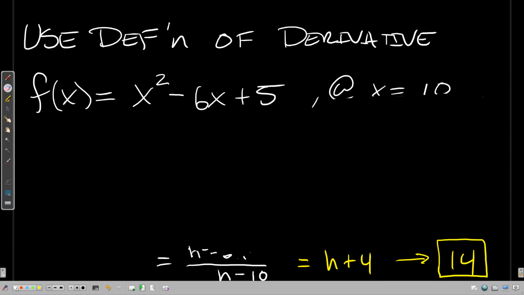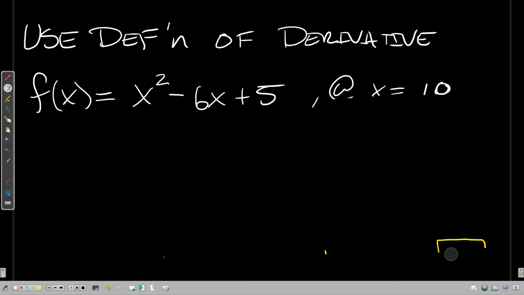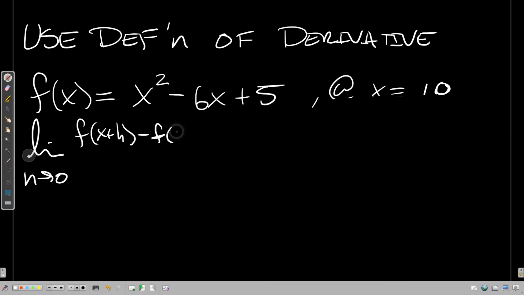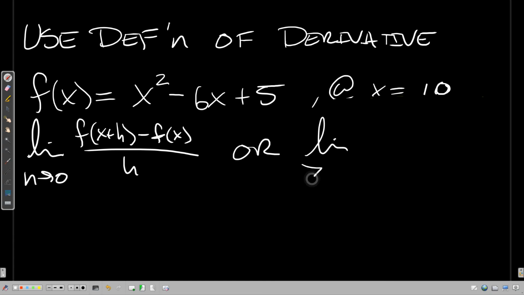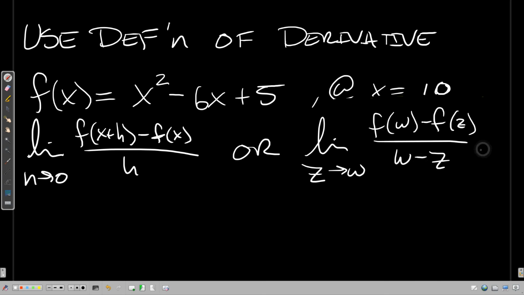So you either need to study the limit as h goes to 0 of f of x plus h minus f of x all over h, or you would need to use the limit as z goes to w of f of w minus f of z over w minus z.